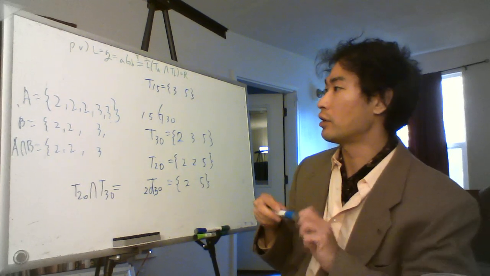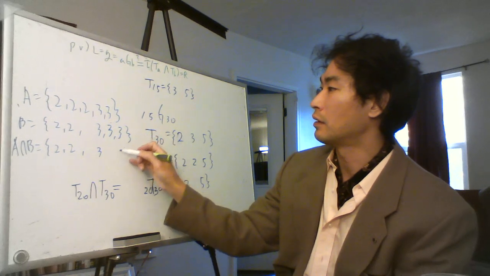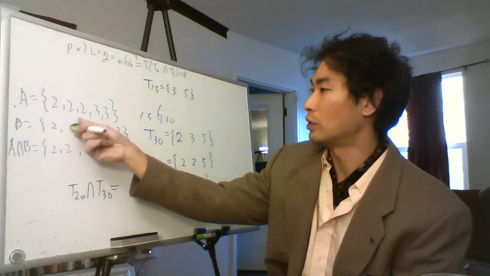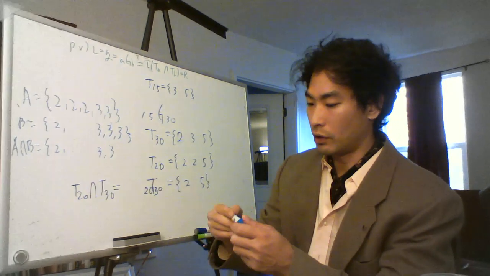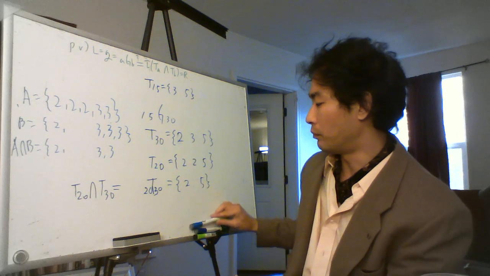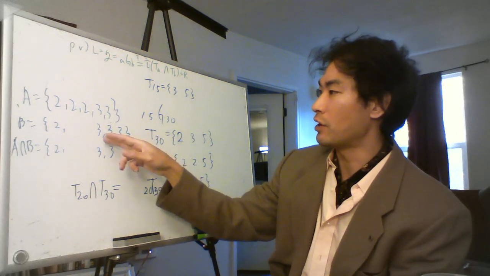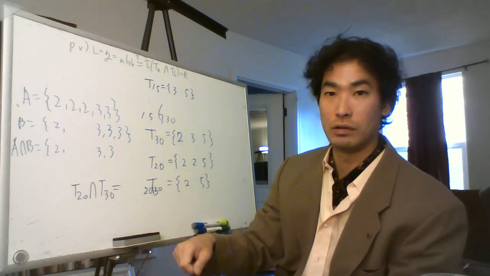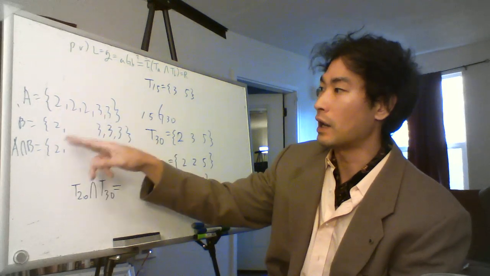Let's say you have 3 comma 3 comma 3 here, okay? Then you have 3 comma 3. And let's just say there is only 1 2. Then there will be only 1 2, okay? So basically you are taking the minimum. You have 2 3s and 3 3s. Minimum of those two is 2 3s. Now you have 3 2s and 1 2.